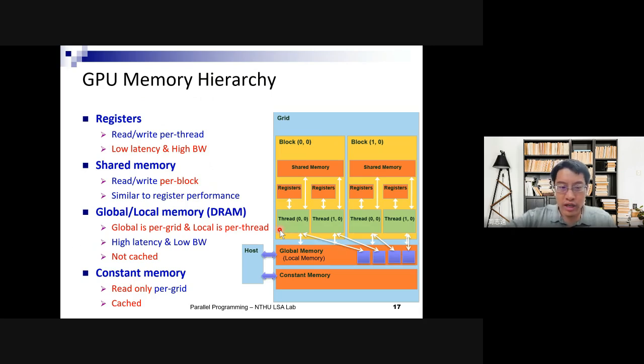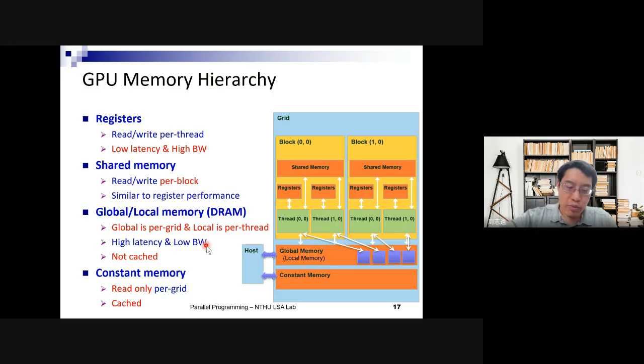That's why the latency will be much slower than the register and the shared memory. By the way, shared memory actually has very similar performance to register, because it's also an on-chip memory. Just the data access scope is different between register and shared memory, but the performance is pretty similar. On the other hand, global is much slower and the bandwidth is also lower.